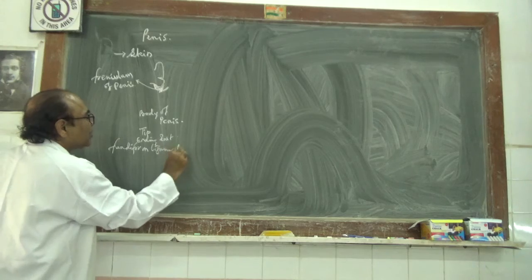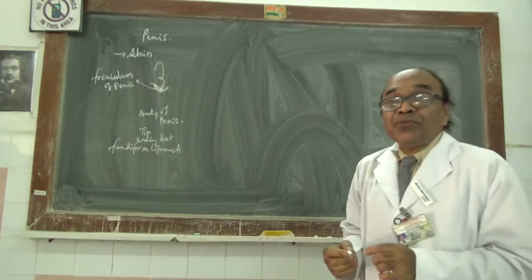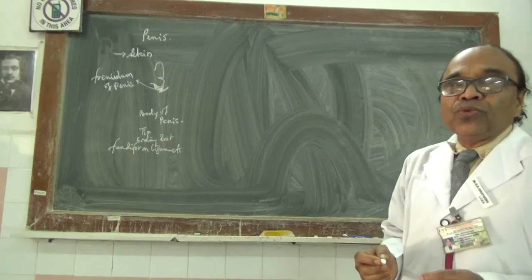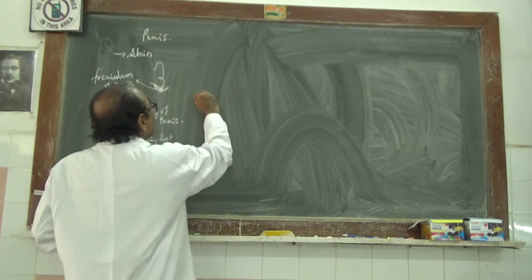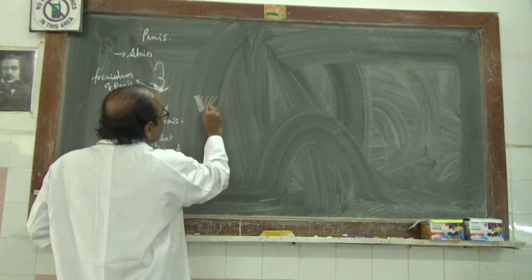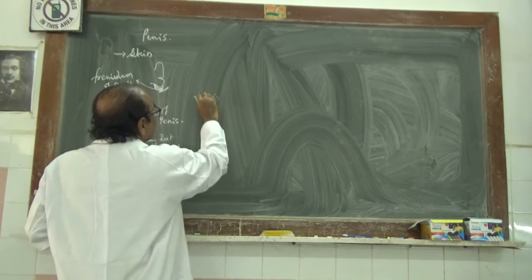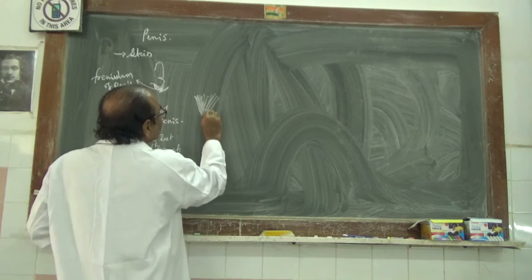Now this fundiform ligament is nothing but part of the anterior lower abdomen, which is there over the lowermost portion of the pubic symphysis.